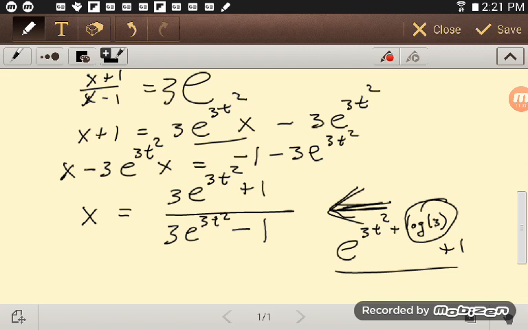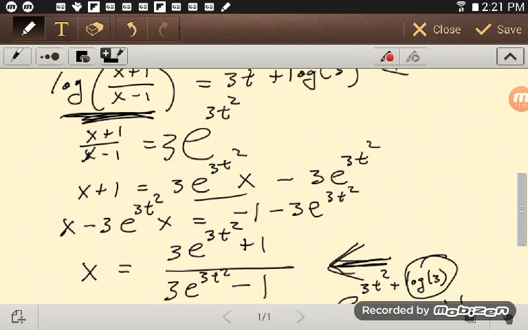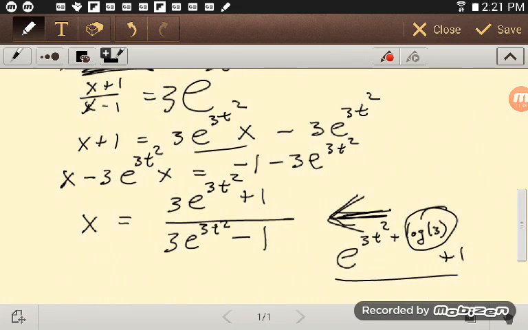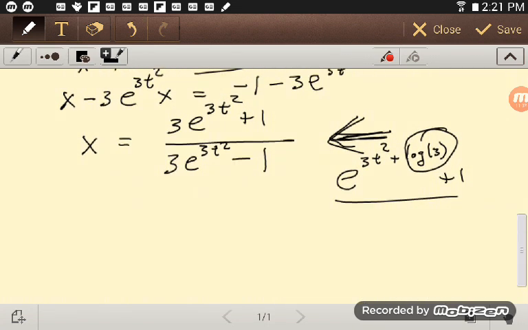So I would say I don't tend to see as many students with great algebra skills as I used to, but again, even they were kind of few and far between. And so let me just finish writing this thing: 3t squared minus log 3, and then plus log 3, and then minus 1.